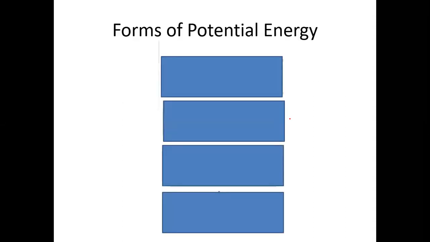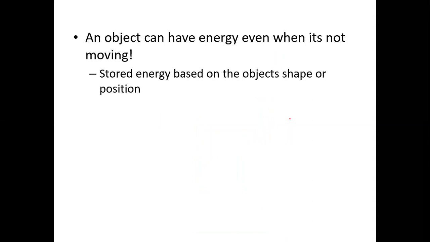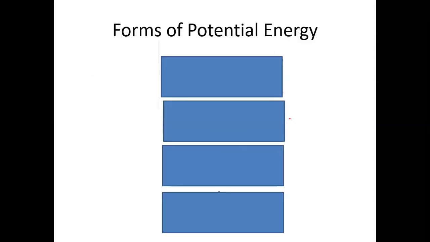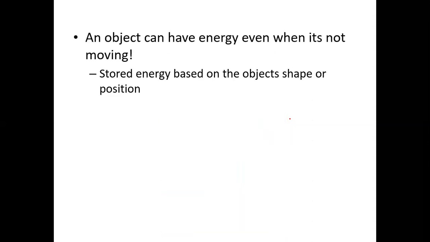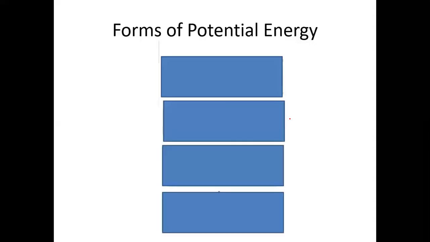So this is called potential energy. Potential energy is the energy stored based on the object's shape or position. Or we can say that an object that is at rest has potential energy.